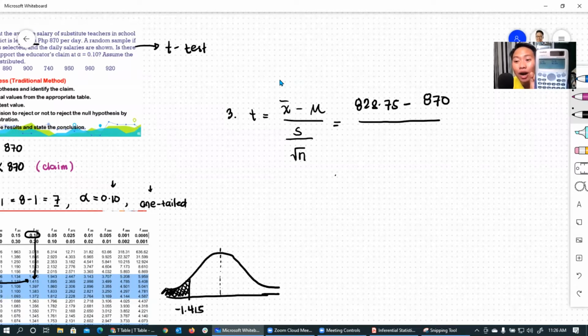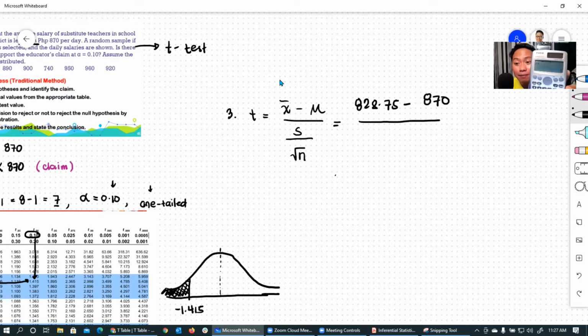So which one do I have to click, the 3 or 4? What do you think? Anyone aside from Burden? Burden said 4 because it's a sample standard deviation. What I'm going to click, Burden, is actually 3. Why 3, sir?